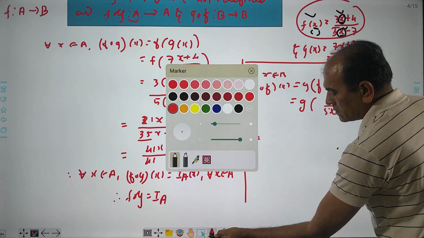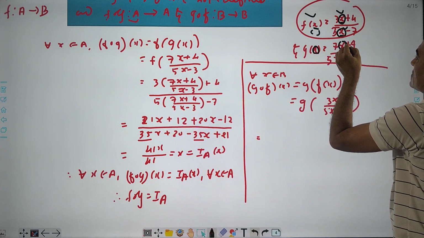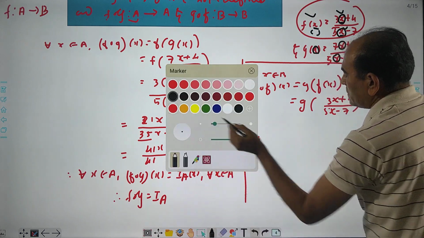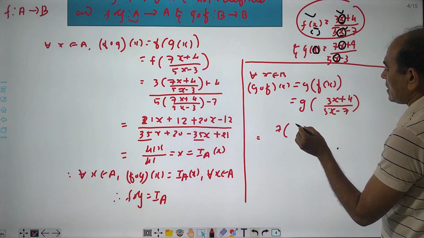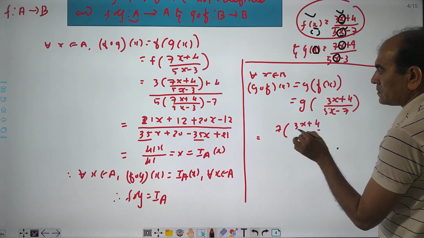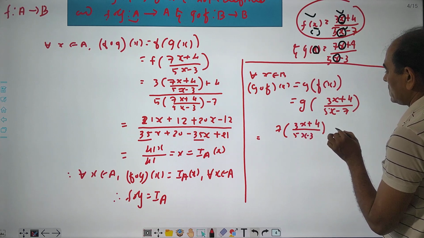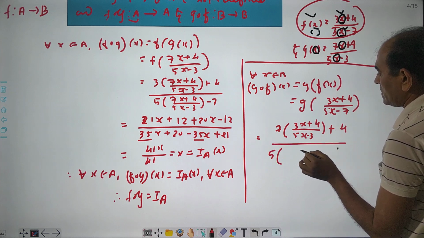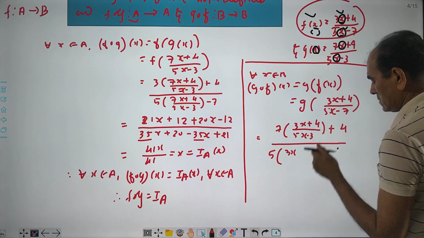See here, g of something is equal to 7 times something plus 4 over 5 times something minus 3. So here that is equal to g of something, that is 7 times (3x plus 4) over (5x minus 7) plus 4 over 5 times (3x plus 4) over (5x minus 7) minus 3.